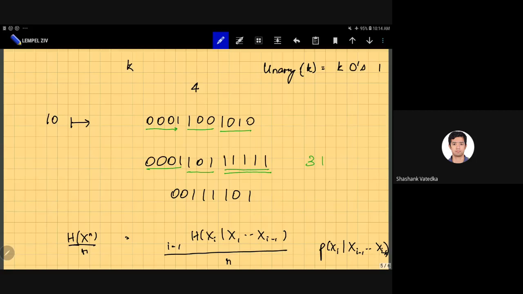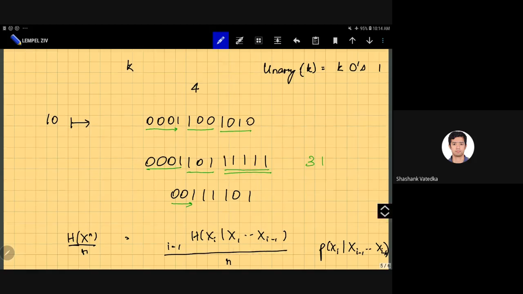Okay, so can you tell me what integer this represents? You read the first few bits. You read till you get the first one. So there are two zeros followed by a one.